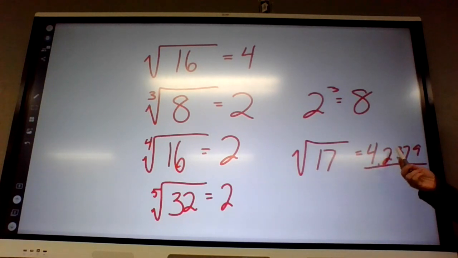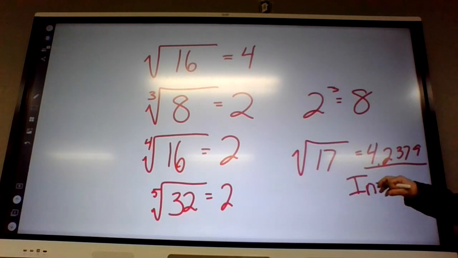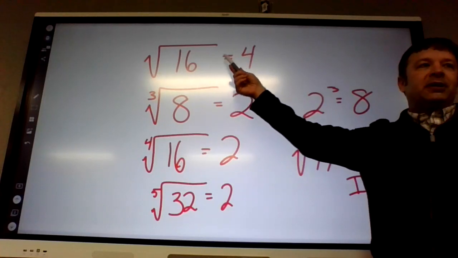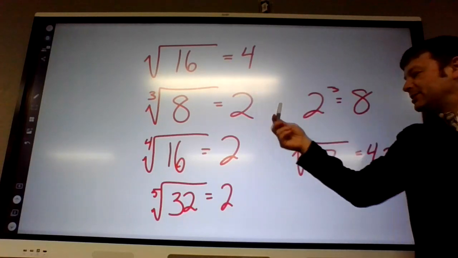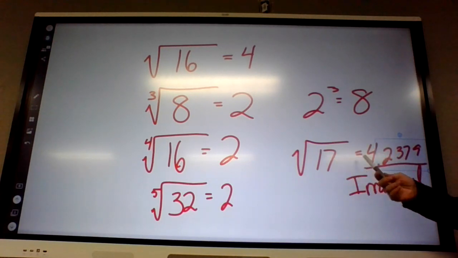It's an infinite decimal that never repeats. So most square roots are like that. It's called an irrational number. It just means it's kind of weird. But sometimes they work out nice and perfect, right? Sometimes they're a mess. And we're going to do a few of these today, but we'll just round the answer off.